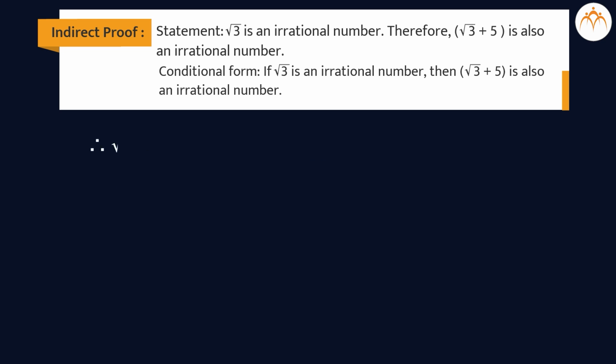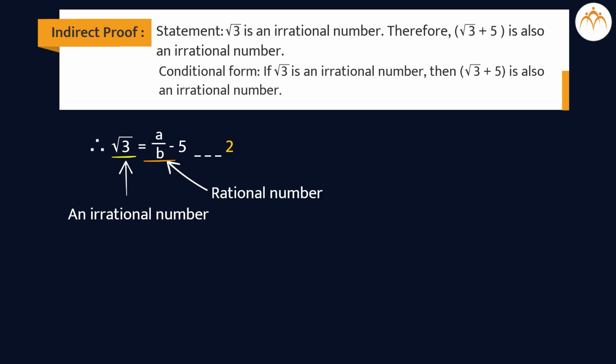Therefore, square root 3 is equal to a upon b minus 5. Now this is equation 2. So the left hand side of equation 2 is square root 3, which is an irrational number. But the right hand side, a upon b minus 5, is a rational number, right?